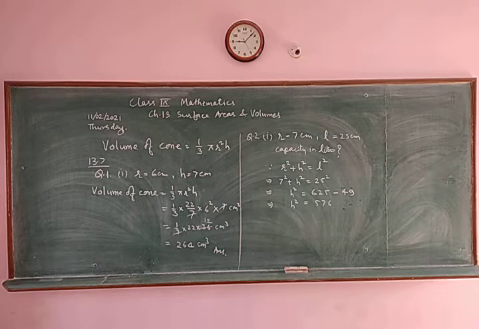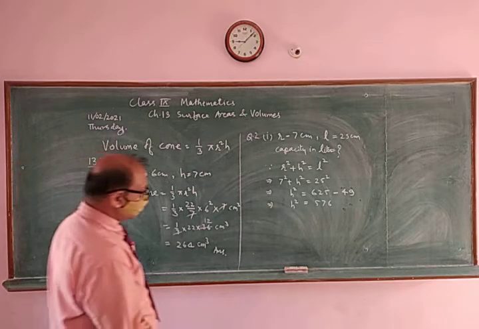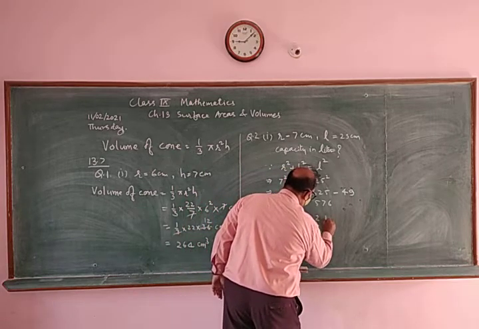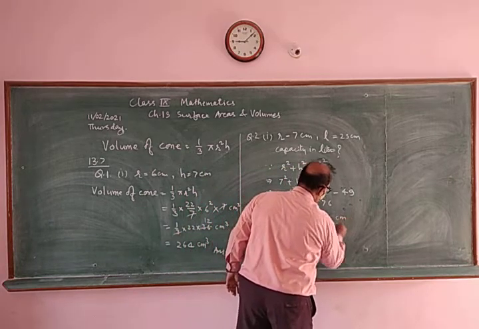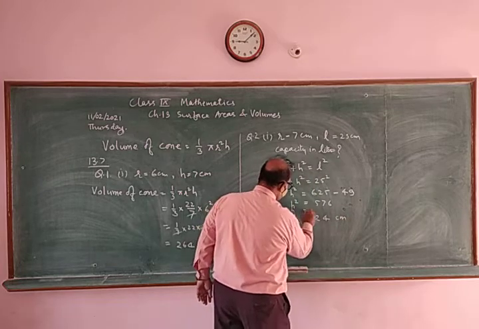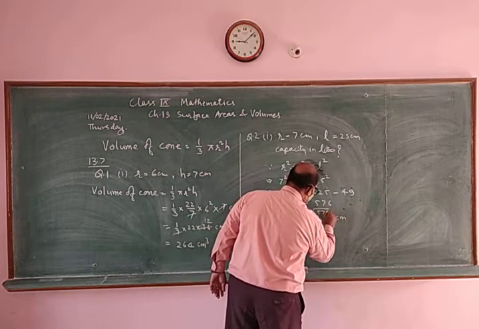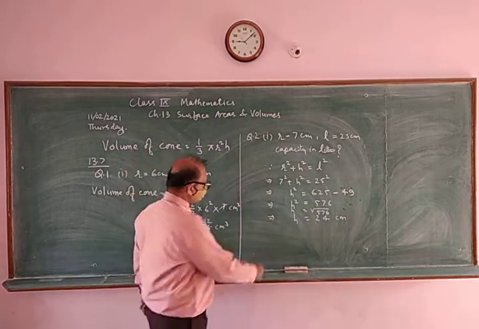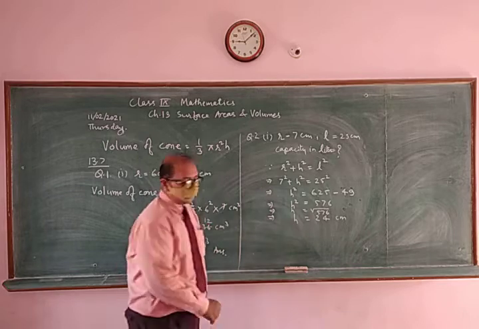Now find the square root of 576. It is 24. So h is equal to the square root of 576, which is 24 centimeter. Clear?